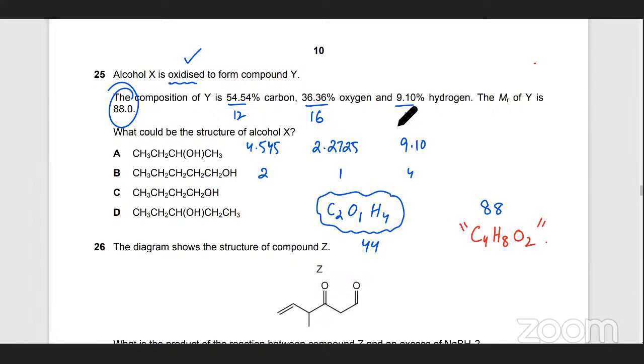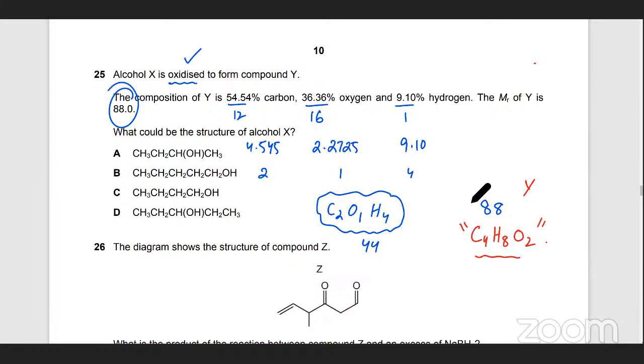Now this is compound Y. Remember, this is compound Y, not the alcohol. The alcohol X is getting oxidized to form compound Y. You don't actually have to identify this thing. You have to identify the alcohol.